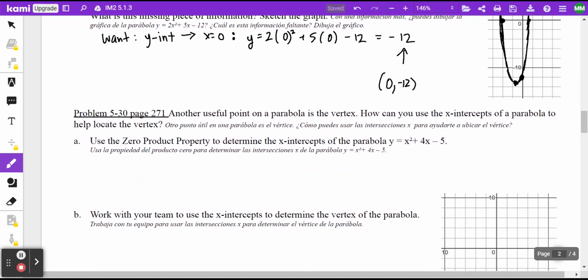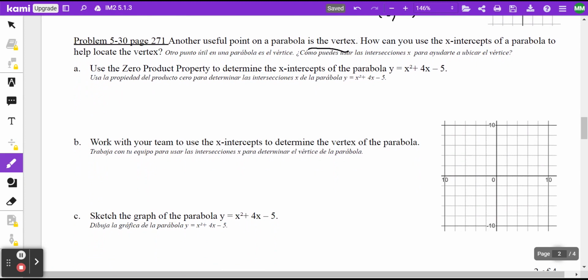Another useful point on the parabola is the vertex. How can we use the x-intercepts of a parabola to help locate the vertex? Okay, so first, let's use the zero product property to find the x-intercepts. Okay, let me see. So I'm going to factor that.